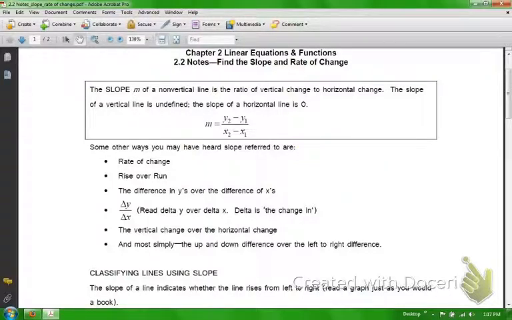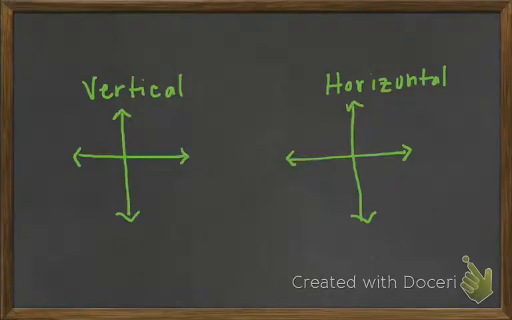Another thing our definition points out is the slope of a vertical line is undefined and the slope of a horizontal line is 0. I want to illustrate this in a little bit more depth, hopefully in a way that will make it easier for you to understand and remember later. Let's start out with a vertical line. A vertical line would look like this.